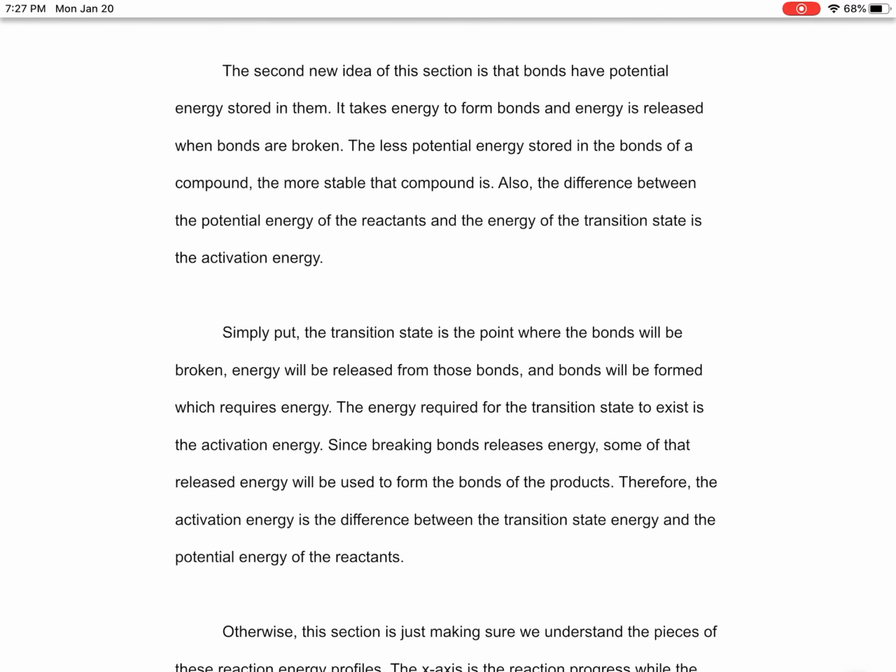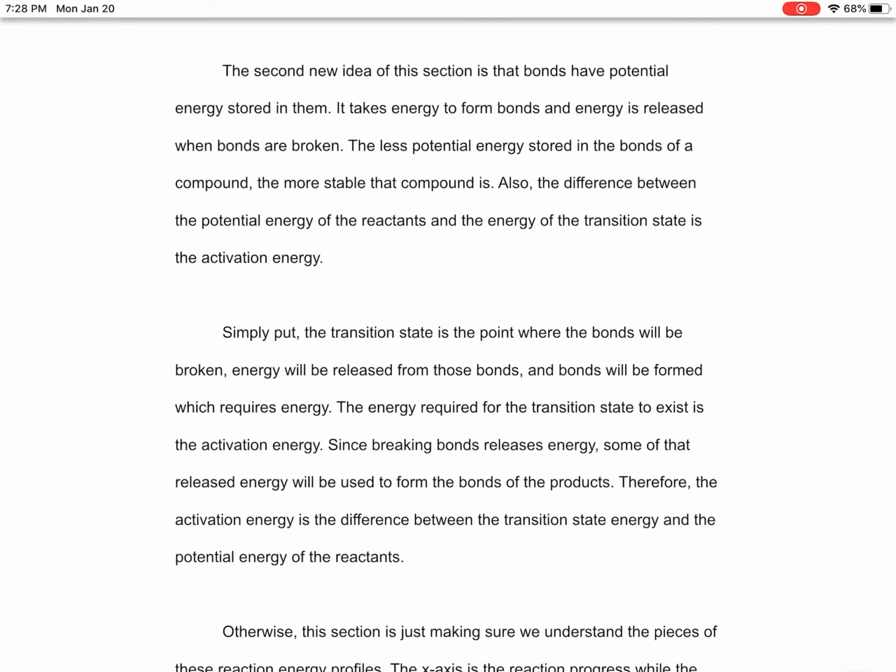The second idea that we're discussing here is this idea that bonds have potential energy stored in them. Okay, so a bond is not just an attraction of the electrons to two nuclei, or in the case of ionic, it's not just the attraction of two oppositely charged ions. It's actually a point where potential energy is held.